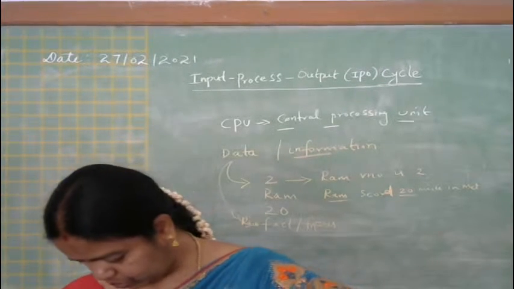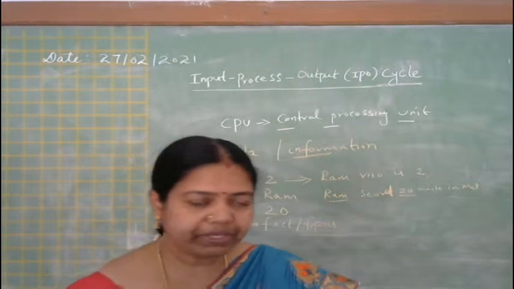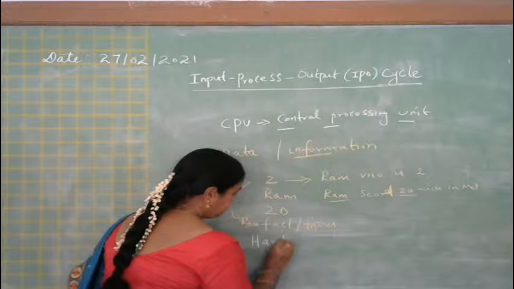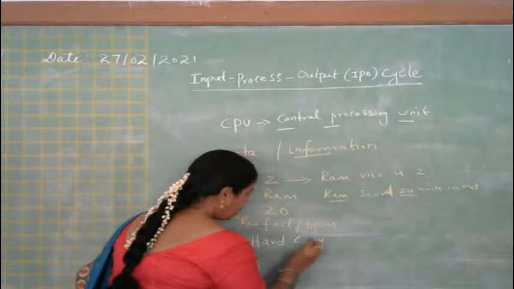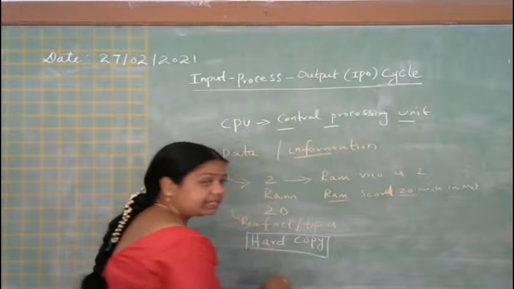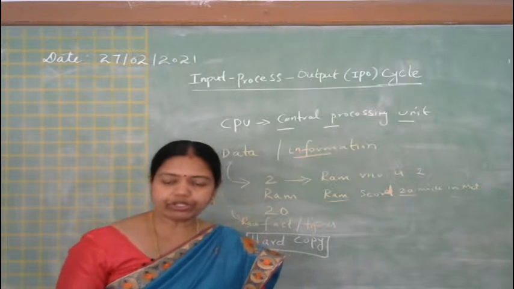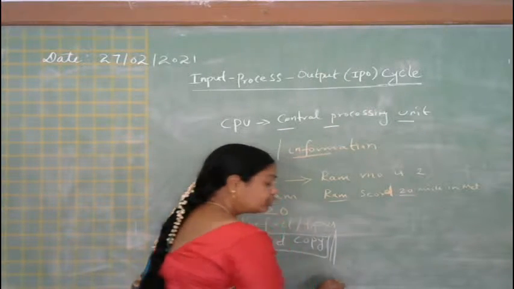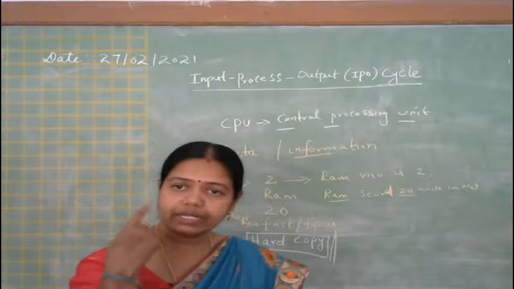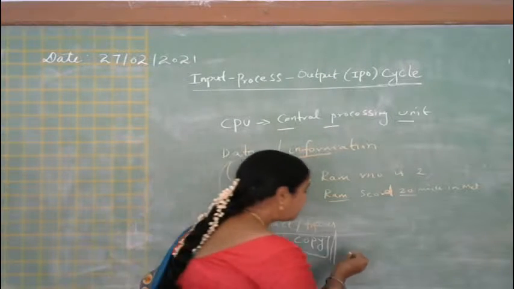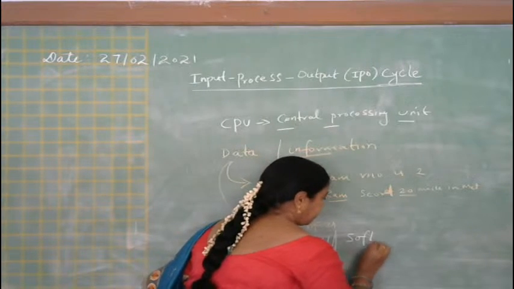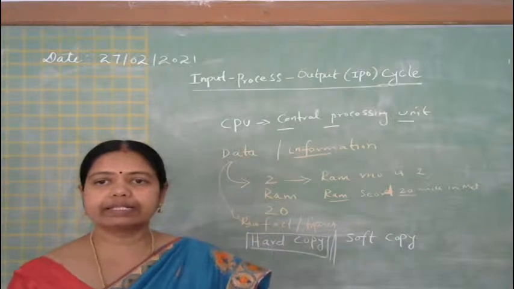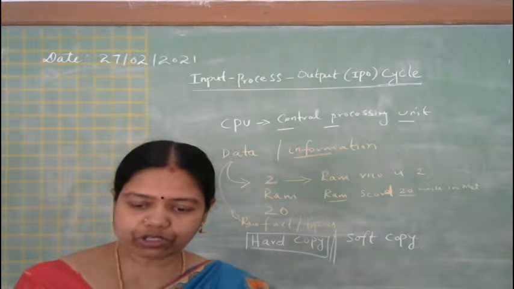Hard copy means whatever printout you are taking. Then the same detail you store on the computer is called the soft copy.